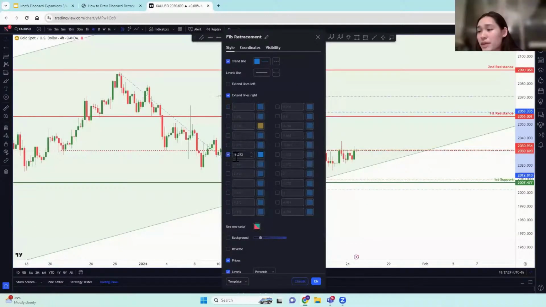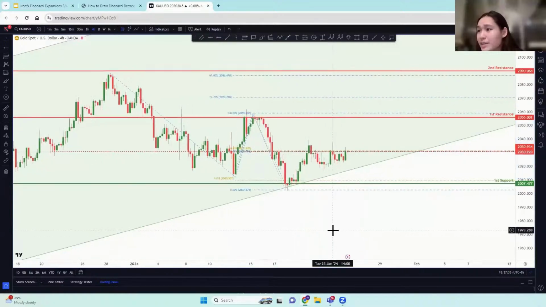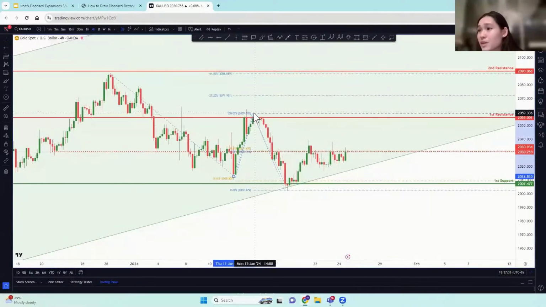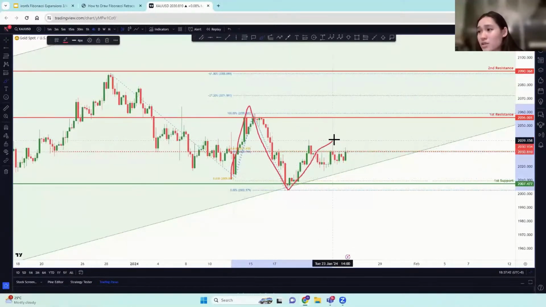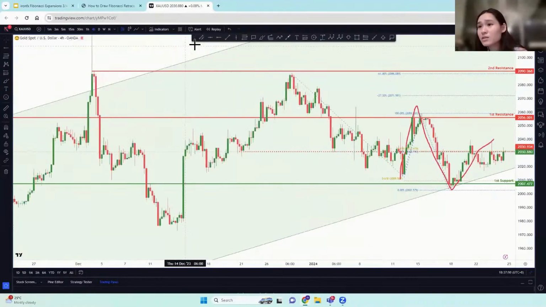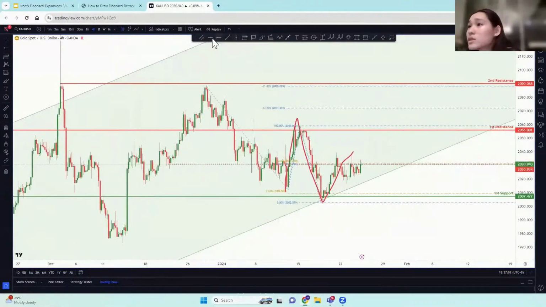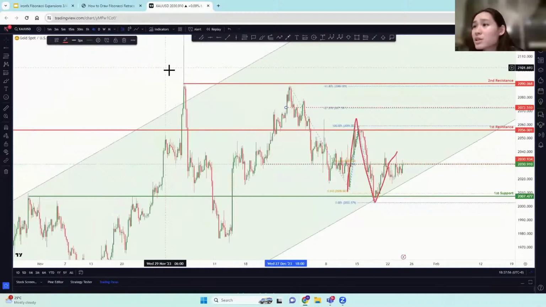Earlier we mentioned minus 27.2 and minus 61.8 are the levels for expansion. And you can see that, so this is our lightning bolt shape in case you couldn't see it. I can see that I have a minus 27.2 that lines up with, let's see, it doesn't line up with anything.